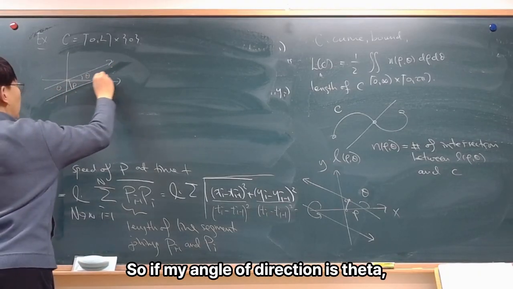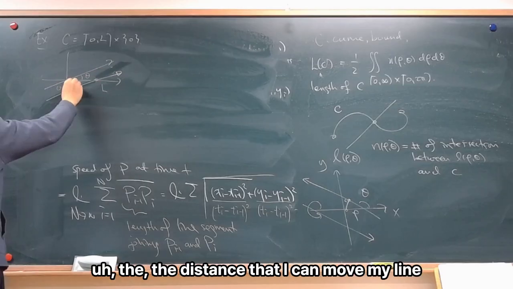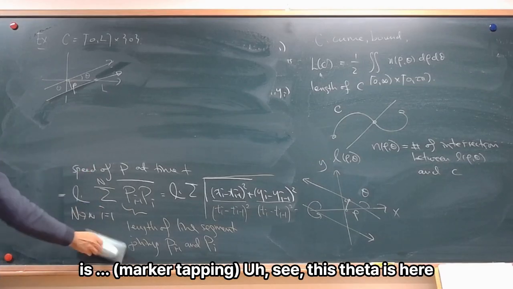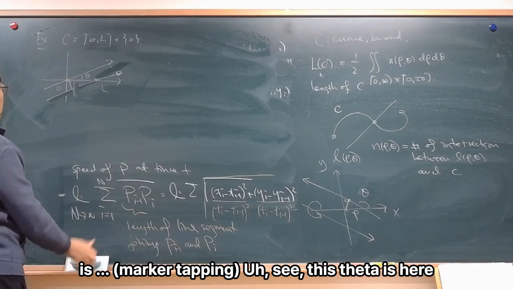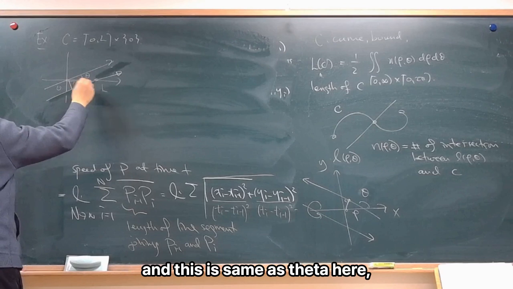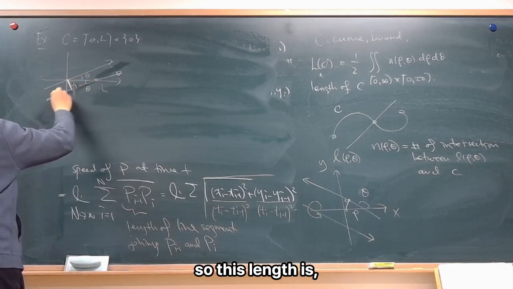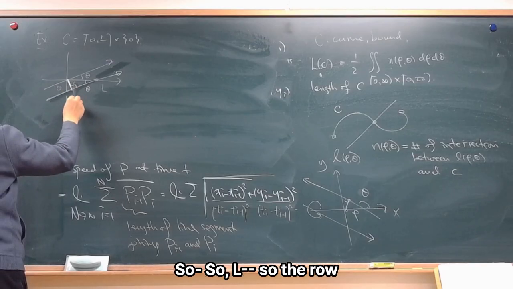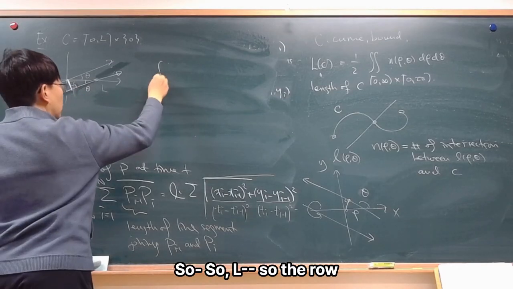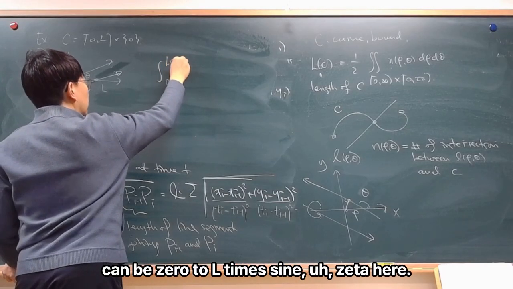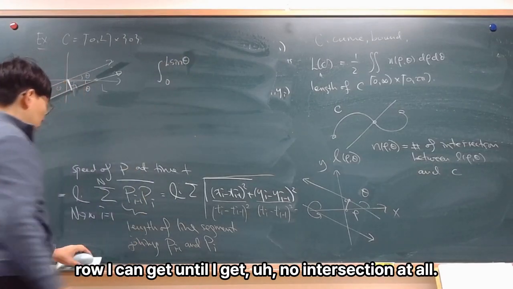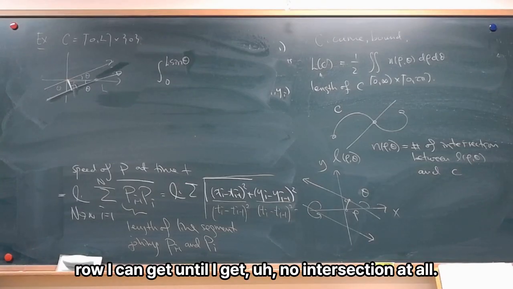If my angle of direction is theta, the distance that I can move my line from the origin until there is no intersection is, see, this theta is here and this is the same as theta here. So this length is L times sine theta, right? So rho can be from 0 to L times sine theta. That's the maximum rho I can get until I get no intersection at all.